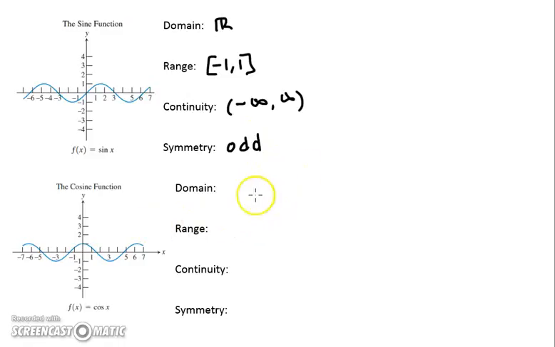The cosine function has the same domain, the same range, the same continuity, but this is an even function. We're going to spend a lot of time with the sine and cosine functions.